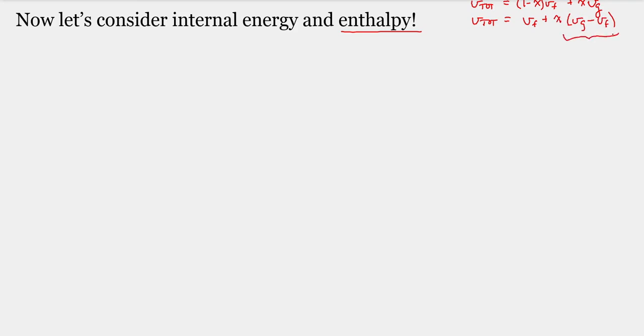And depending on the types of tables that you use, this difference, which is the density difference that occurs due to phase change, will be listed as VFG. Okay? It is the increase, in this case, it is the increase in specific volume upon vaporization.